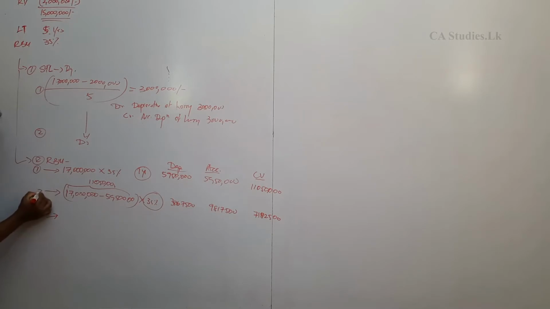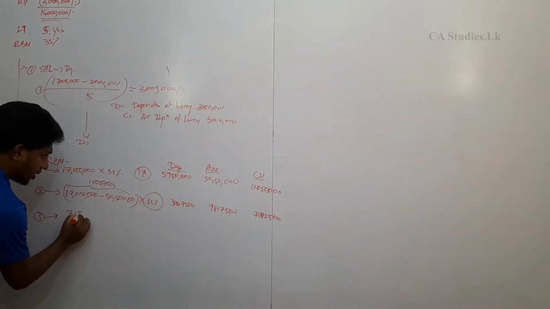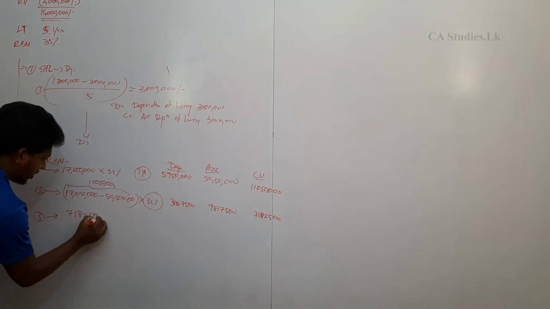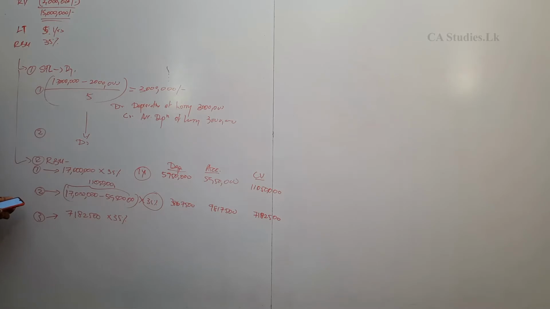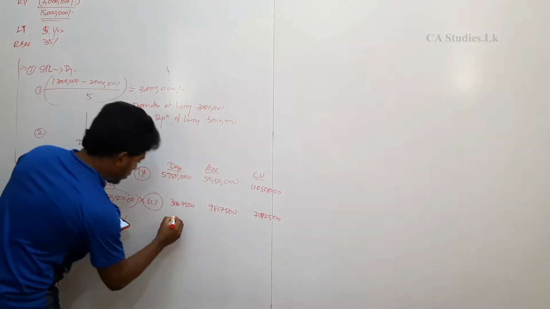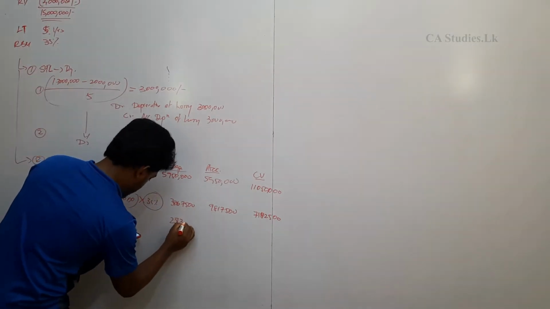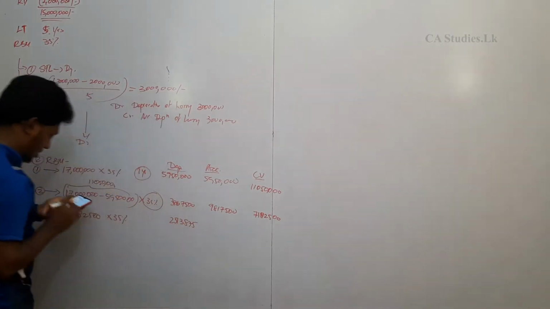Now third year depreciation. This is the first year, this is the second year, this is the third year. Third year depreciation is 7,182,500 into 35%, which is 2,513,875.